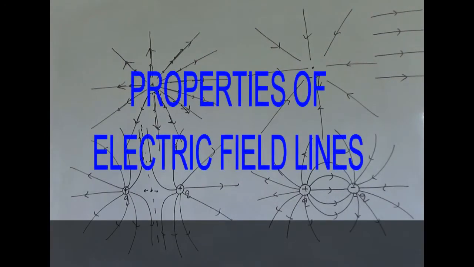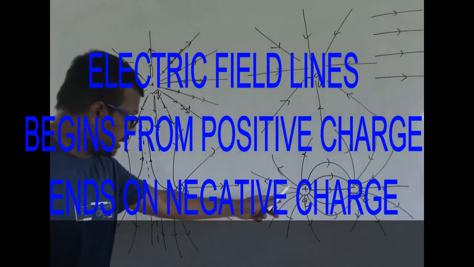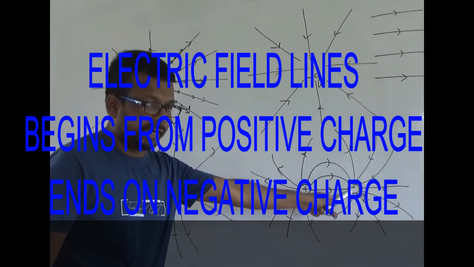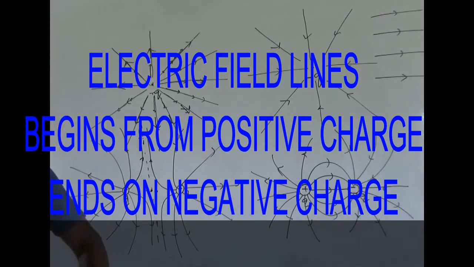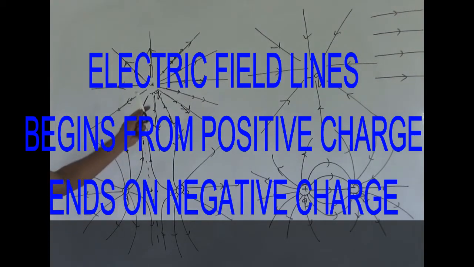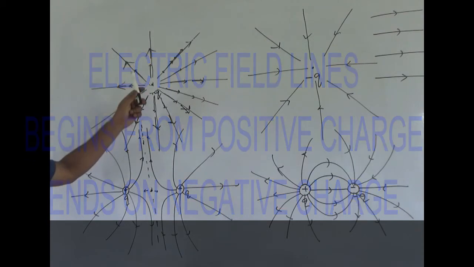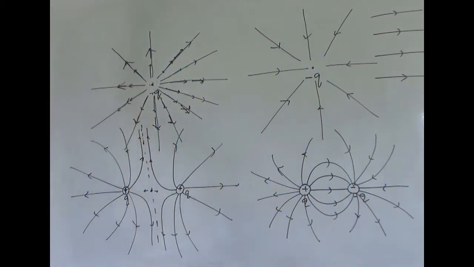We introduce some properties of these electric field lines. First, the electric field lines begin from a positive charge and end on a negative charge. The electric field lines due to a unit positive charge start from that positive charge and end at infinity.